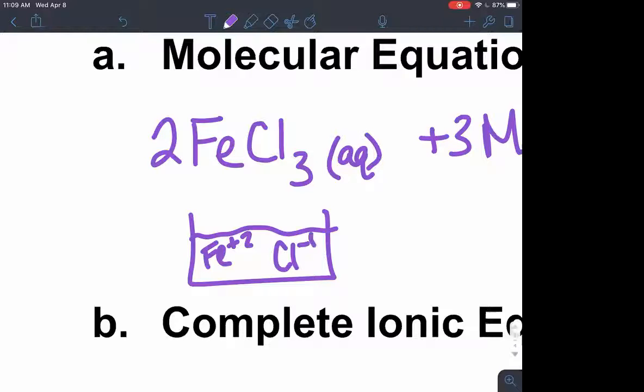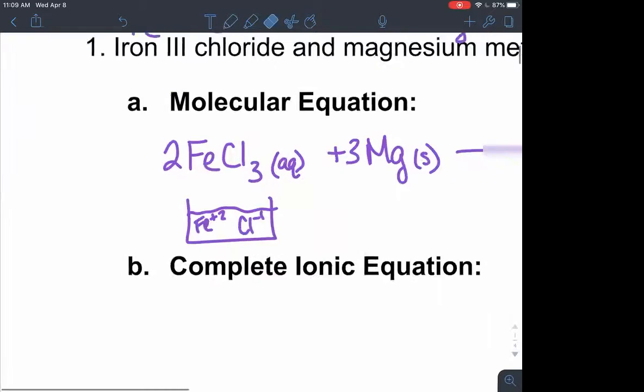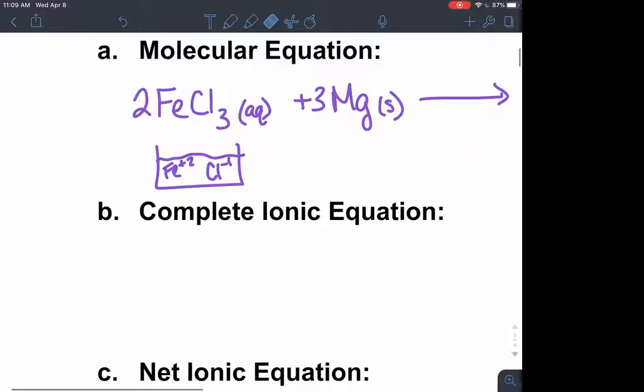They're not together anymore, but they're floating around in that water, just separated. So what a complete ionic equation wants us to do is separate those aqueous solutions. It wants us to break those apart and write them as just the ions.